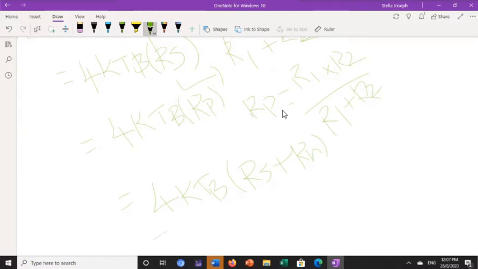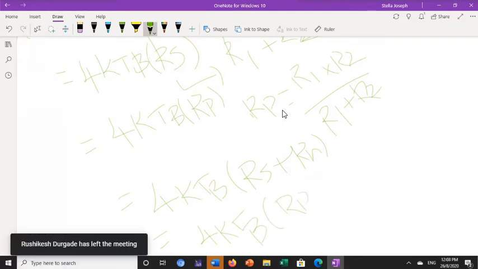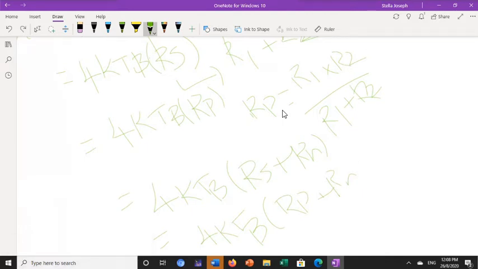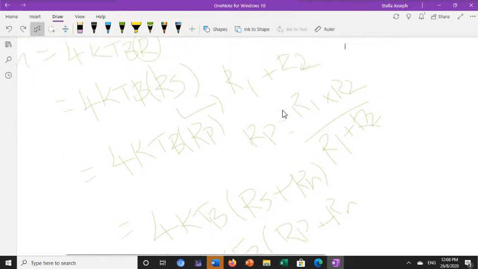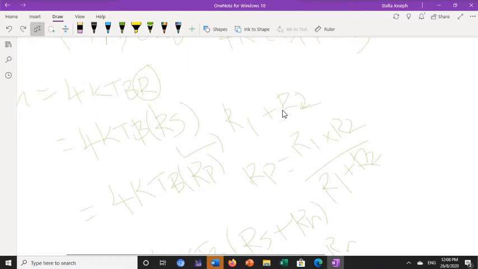If a parallel circuit is connected, then take the output side: Rp plus Rn. So this is the standard. For this, you need to know how the thermal noise voltage is connected between the series resistance, parallel resistance, as well as noise resistance.